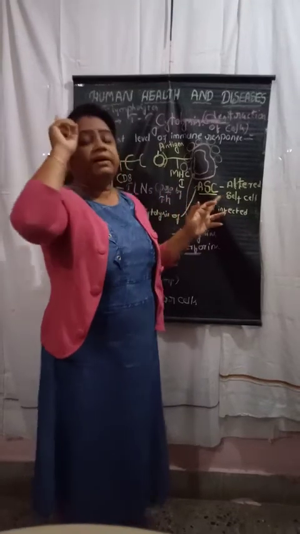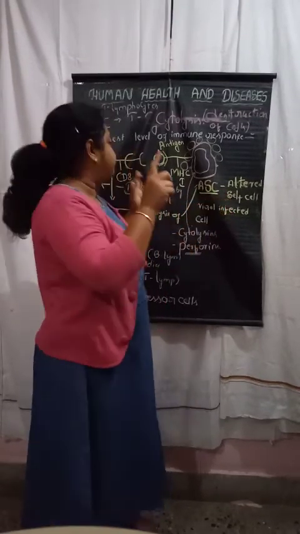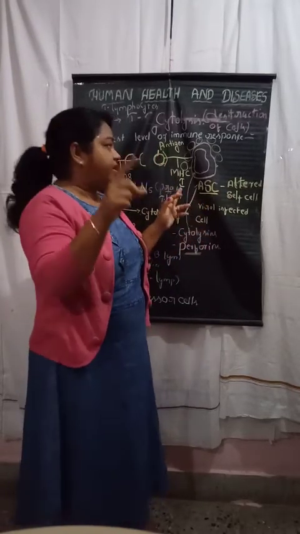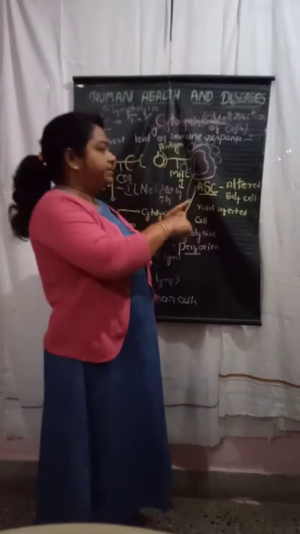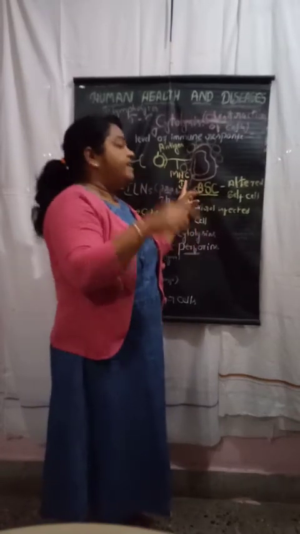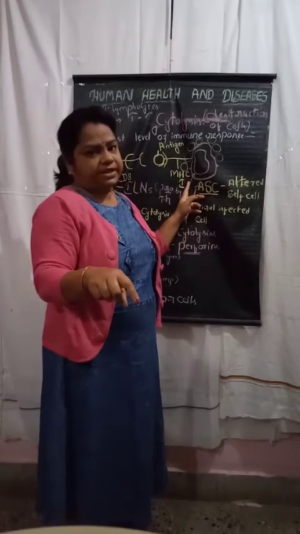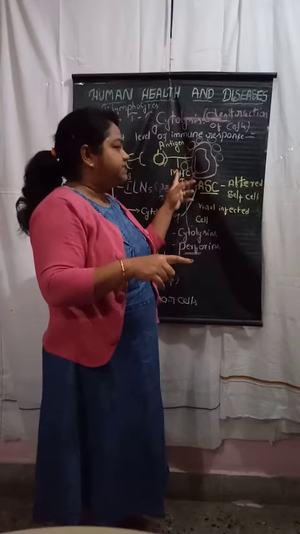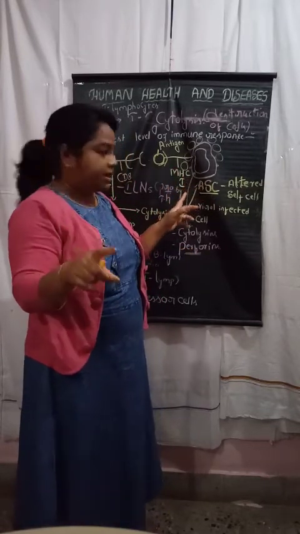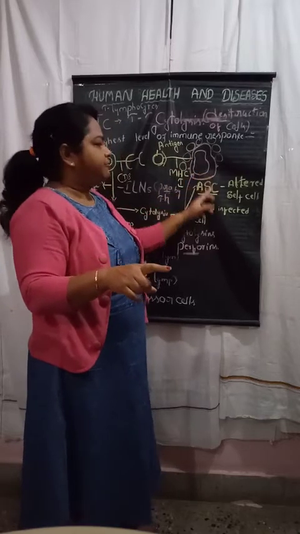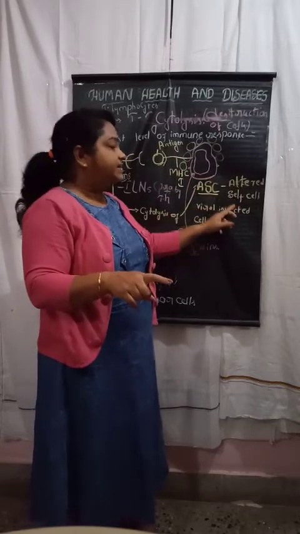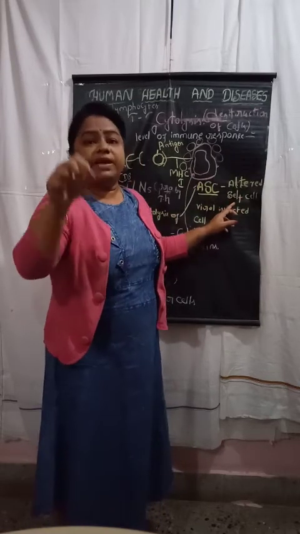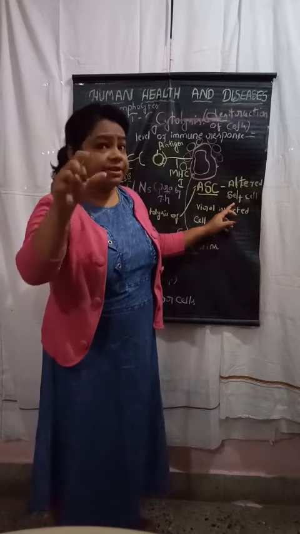In the antigen presenting cells, in the case of T helper cells, MHC class 2 is present, but in this ASC, the MHC1 complex is present. Major histocompatibility complex class 1 is present on the surface of the altered self cells, that is, viral infected cells or cancer infected cells.